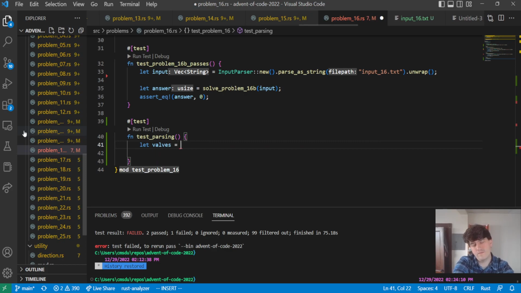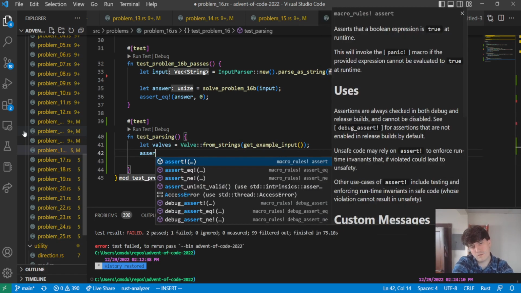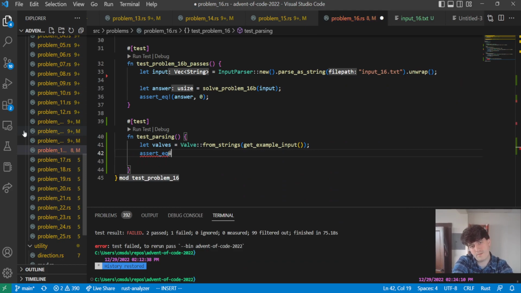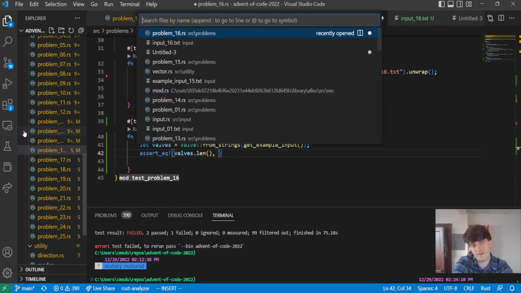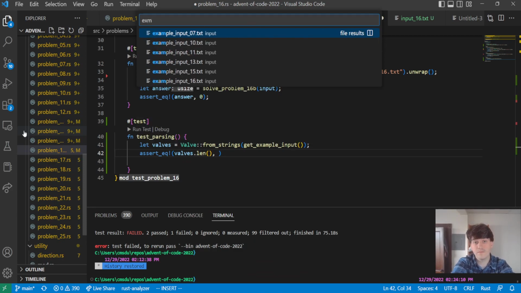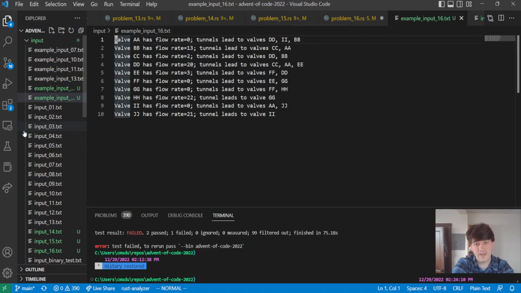So this is going to be something like: let valves be valve from strings, get example input, assert that the example input is however many, 10.